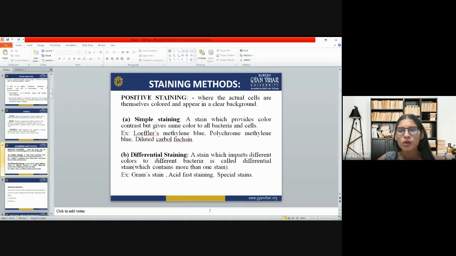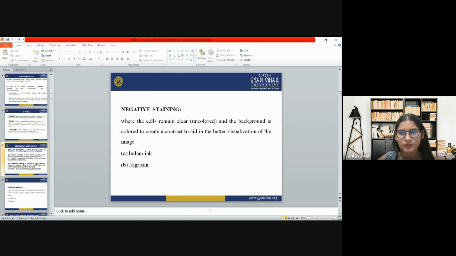For example, Loeffler's methylene blue, polychrome methylene blue, and dilute carbol fuchsin. Next, we have differential staining. A stain which imparts different colors to different bacteria is called a differential stain, which contains more than one stain. For example, we have Gram stain, acid fast stain, and special stains.